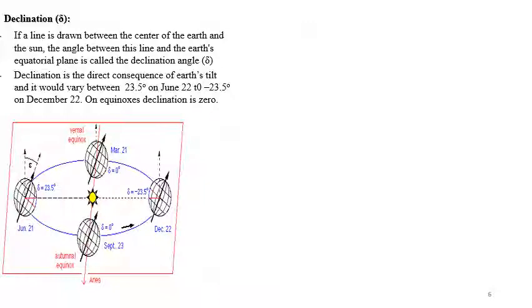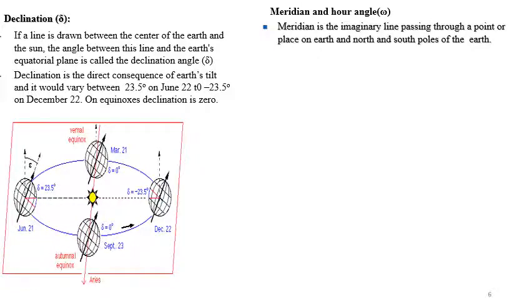So 31 plus 29, then March 31, April 30, May 31, and June 21. So 31 plus 29 plus 31 plus 30 plus 31 plus 21, totally n is equal to 173. Okay, next about hour angle, meridian and hour angle.